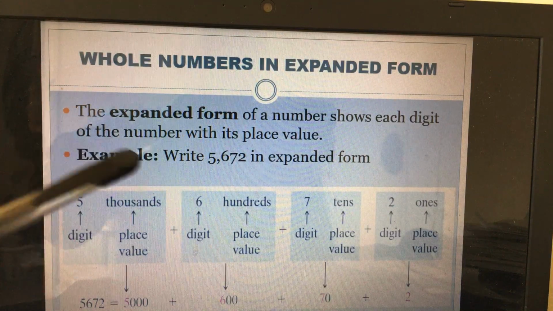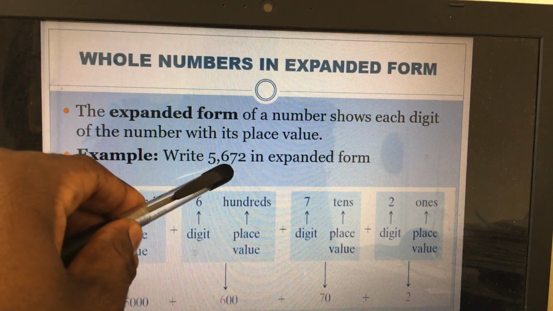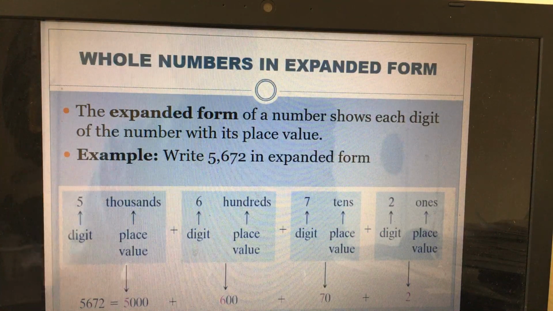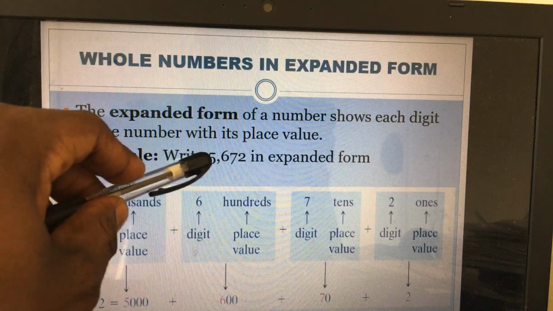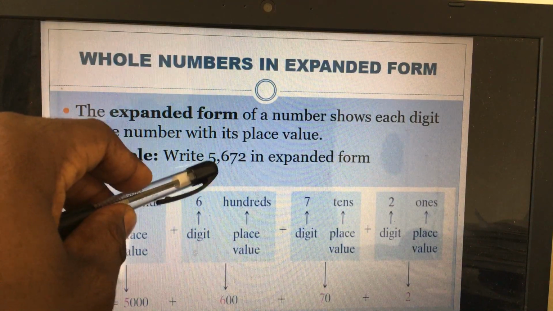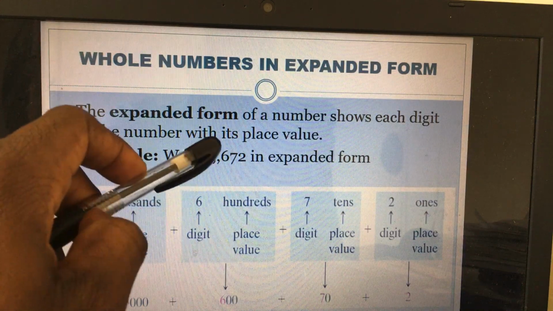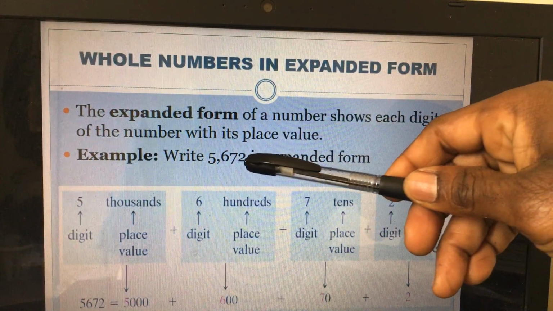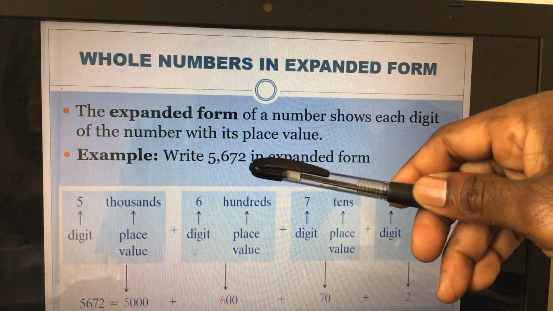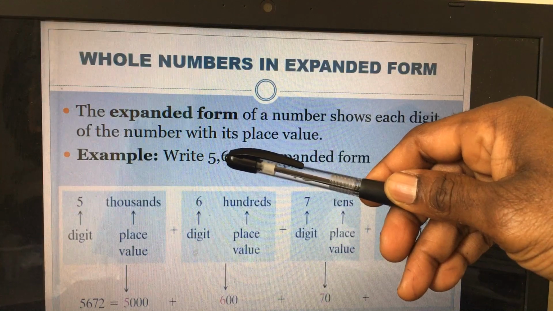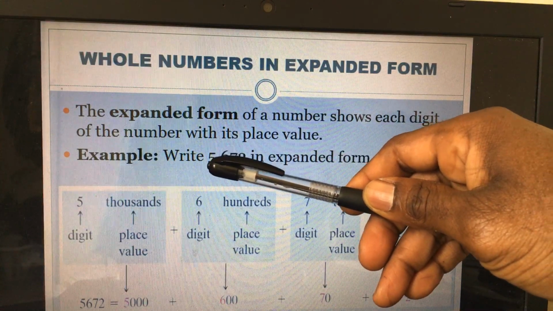We have an example here, 5,672 in expanded form. Okay, they want you to write it in expanded form. This digit here represents the 5,000. It is in the thousands place. Let me show you what I mean by that. If you're counting from the right to the left, this is the ones, this is the tens, this is hundreds, this is the thousands.